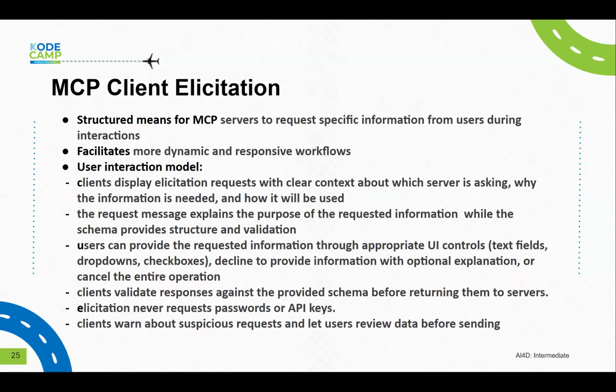Now, the user interaction mode, I think I've essentially described that. So the client will display elicitation requests when it receives those from the server, and in displaying it provides clear context about which server is making that elicitation request, why the server is asking for that information, and how the server will use it.